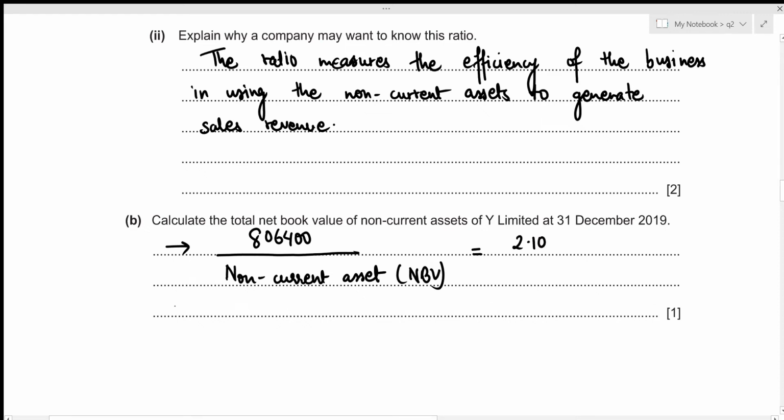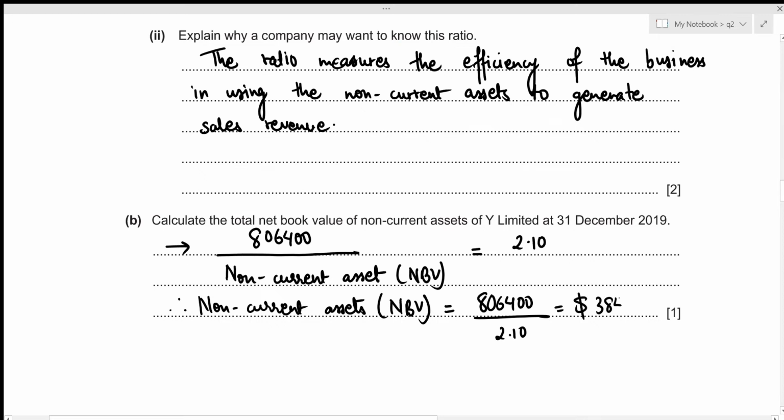Now we can easily figure out the non-current asset at its net book value. That's just going to be revenue of 806,400 divided by 2.10, which results in the net book value of the non-current assets to be 384,000. This concludes the second part of this question. Now we can move towards the third one.